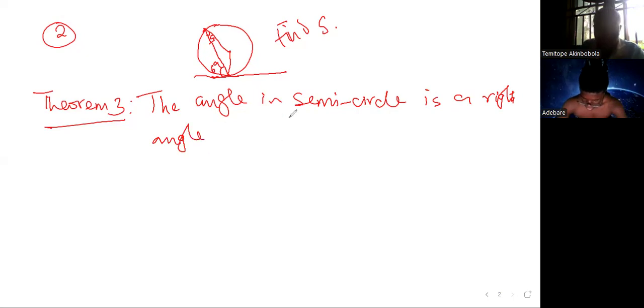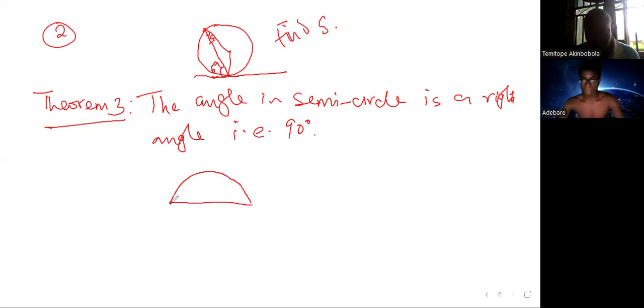The angle in a semicircle is a right angle. What does that mean? 90 degrees. The angle in a semicircle is a right angle. So this is what we are saying.